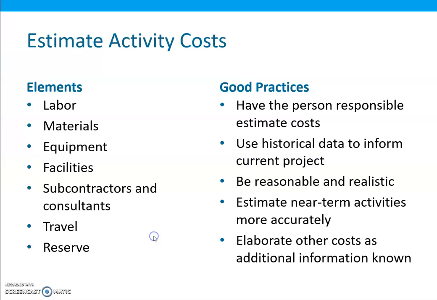To start with, let's estimate the activity costs first. The total project cost is often estimated during the initiating phase of the project or when the project charter or a proposal is prepared. The estimated cost for each specific activity can include the following elements. Labor.